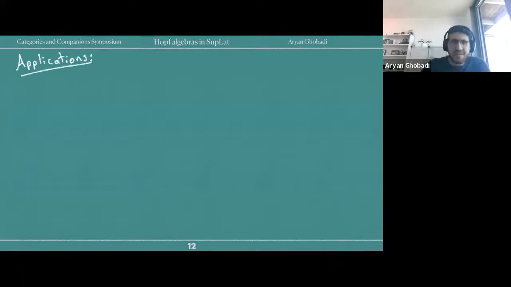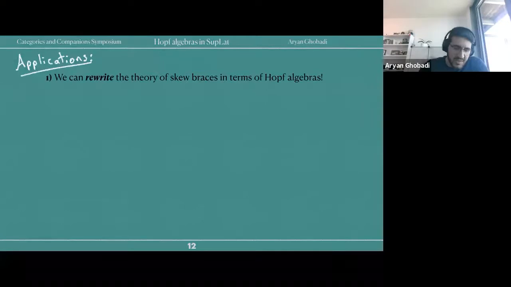So just one last minute, I'm going to talk about what's the point of doing this. I said I really want a categorical interpretation to view skew braces as Hopf algebras. And the point is, first of all, you can rewrite the theory of skew braces in terms of Hopf algebras. There's 100 years of Hopf algebra theory, and there's 5 years of skew braces. So this should hopefully help you advance stuff.